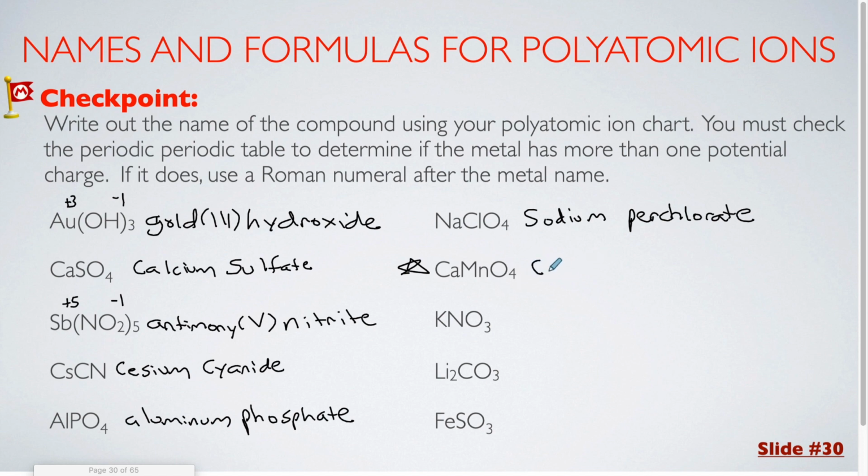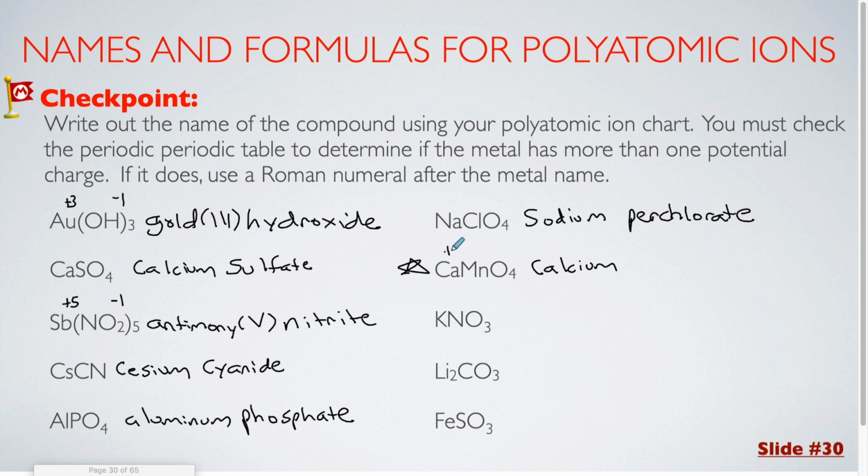Ca is calcium. And calcium is only ever 1 charge, so no parentheses needed. But there are 2 polyatomic ions with the formula of MnO4. The difference is the charge. One of the polyatomic ions has a -1 charge, and the other has a -2.